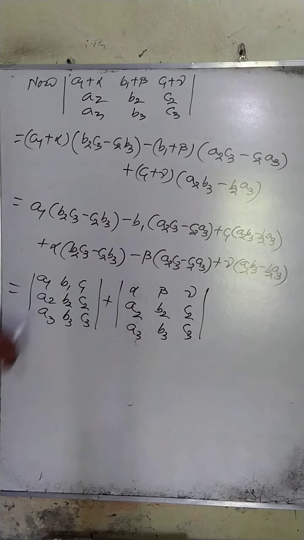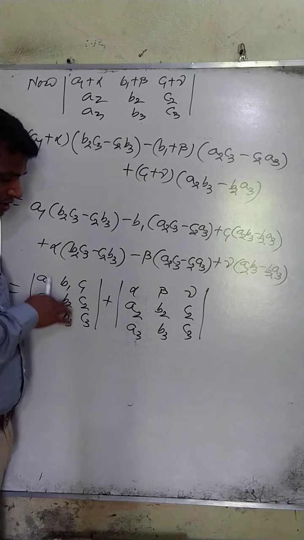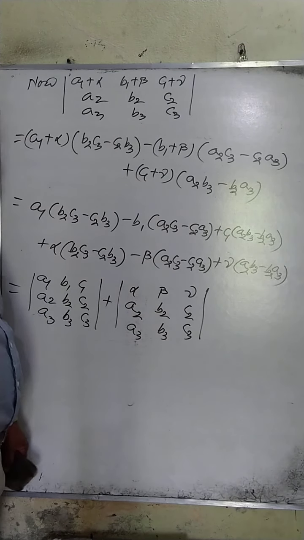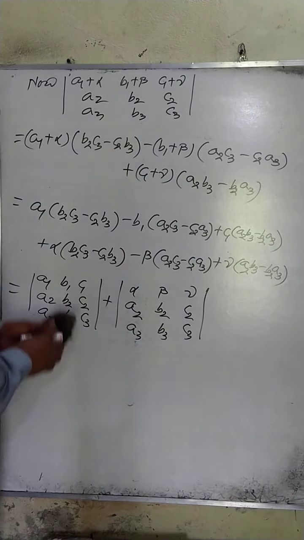Okay, so we prove if every element of any row or column of a determinant can be expressed as the sum of two numbers, then the determinant can be expressed as the sum of two determinants.